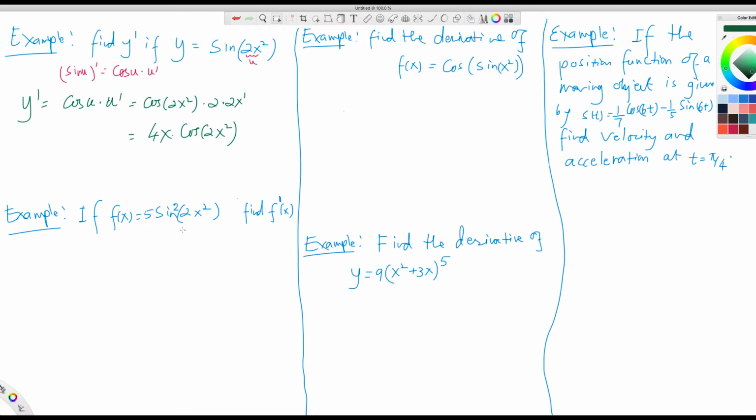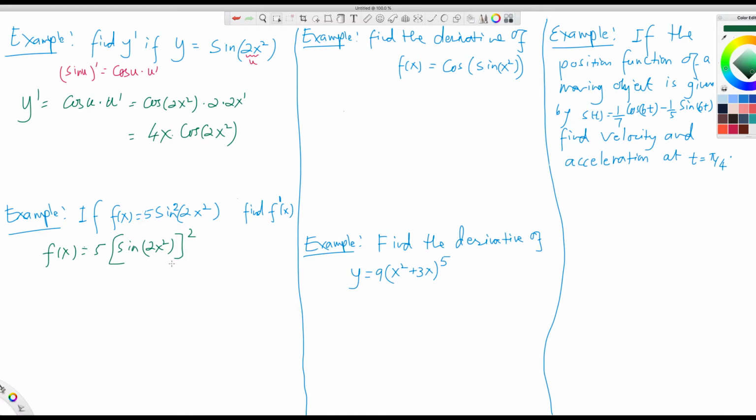So here also, what do you think? You can write this as f of x equals 5 sine squared, which means sine of 2x squared, whole squared. That's what it means. Sine squared, cosine squared, all those trig squares mean the whole thing squared.